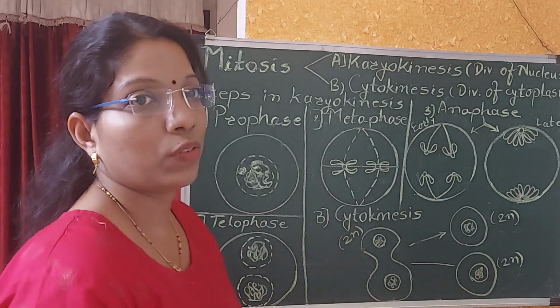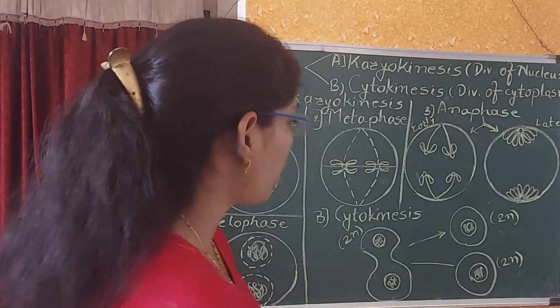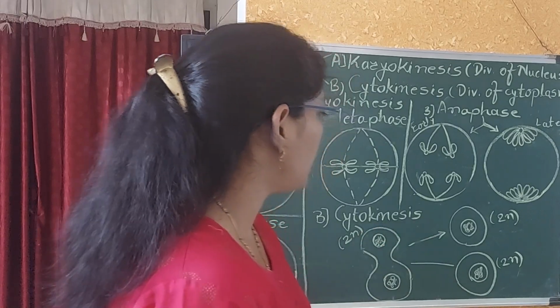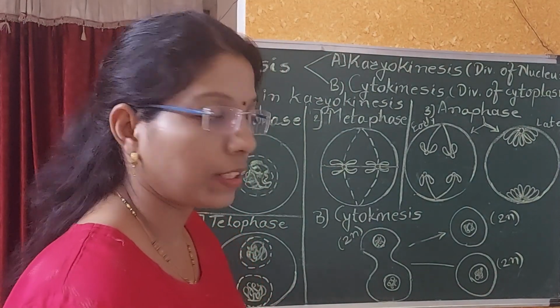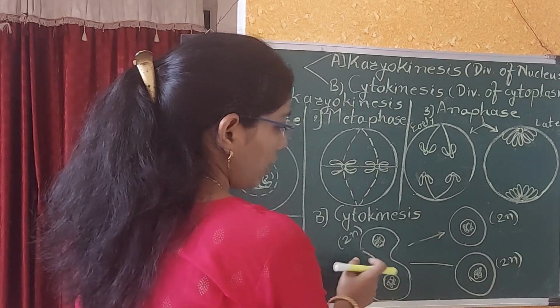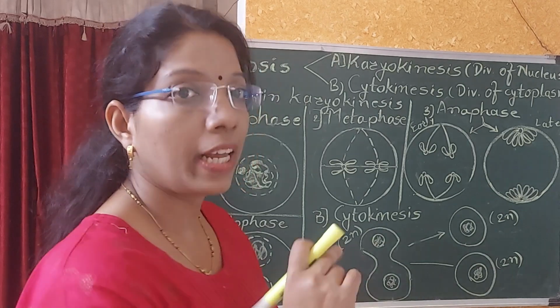Now for the division of the cell, the cytoplasm also should be divided. Therefore the last phase is called cytokinesis, the division of the cytoplasm. In this division a notch-like structure is formed in case of animal cells, and in case of plant cells a cell plate is formed.